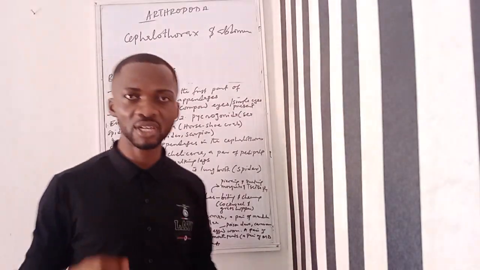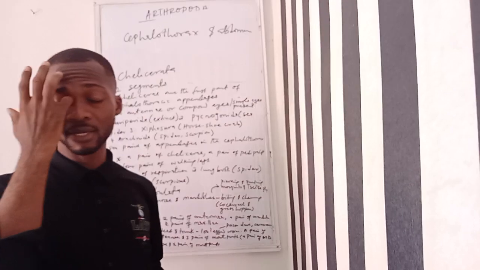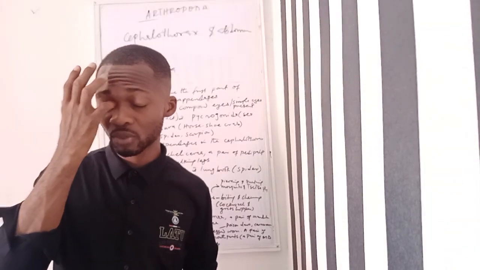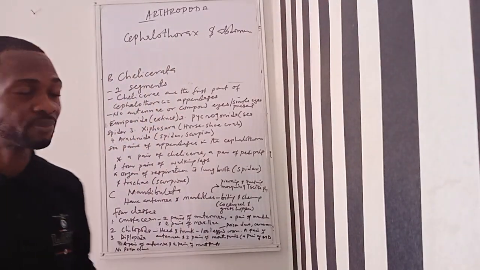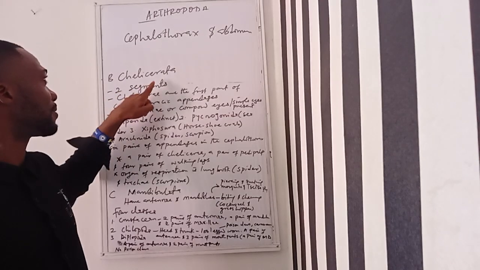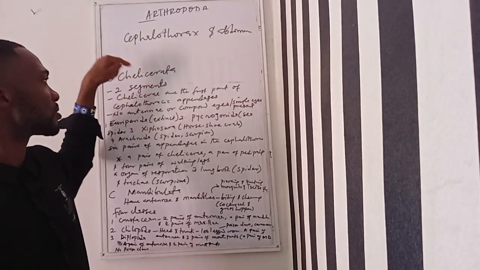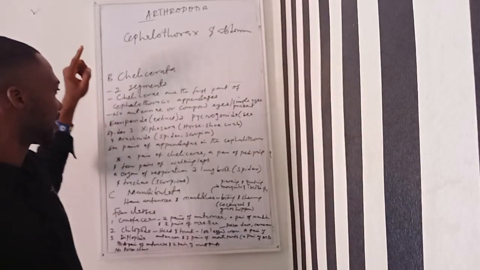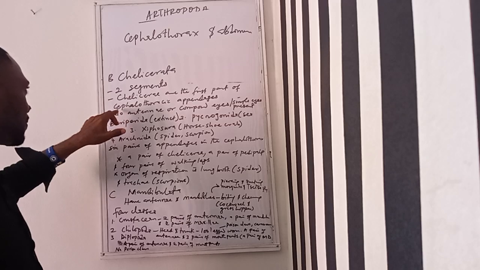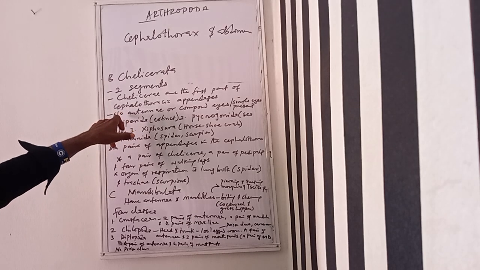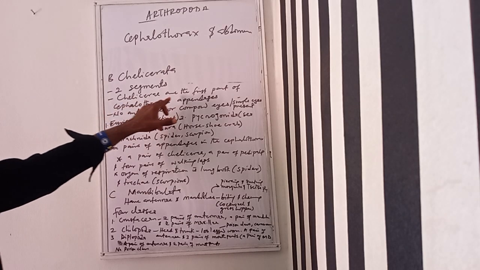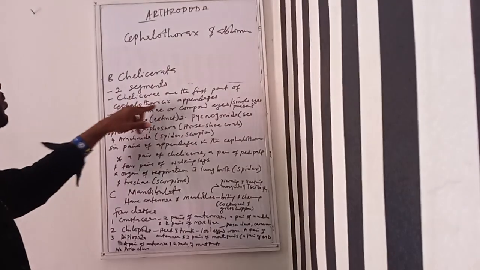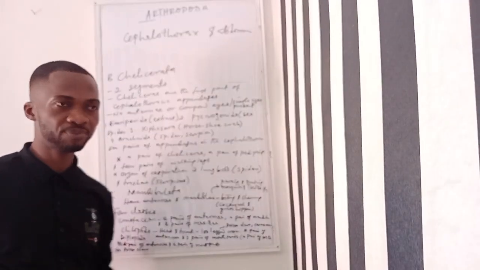They have what they call the chelicerae, and that is why they are found under the subphylum Chelicerata. The chelicerae are the first part of the cephalothoracic appendages.